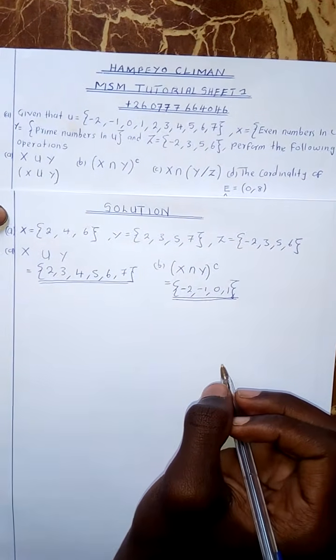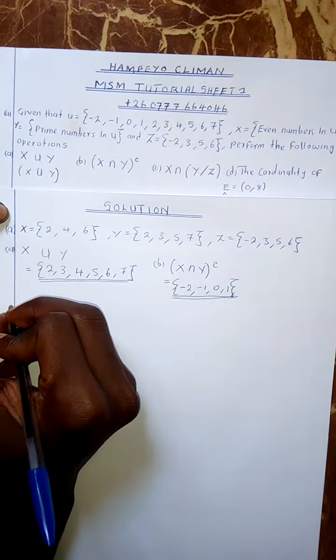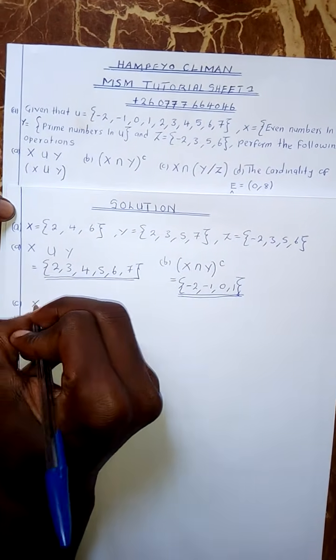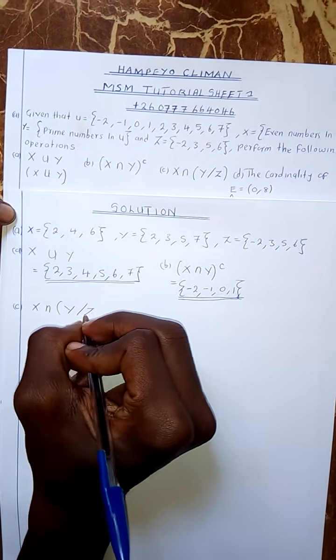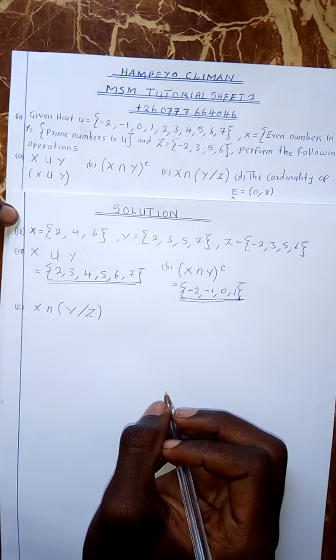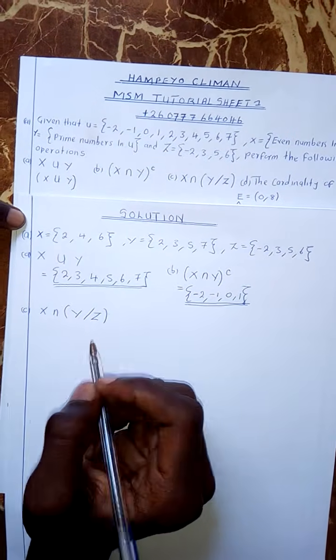Now they are saying we find X intersection this. So we have C saying X intersection Y slash Z, like this. So the first thing we're going to do, we're going to consider whatever is in the brackets.